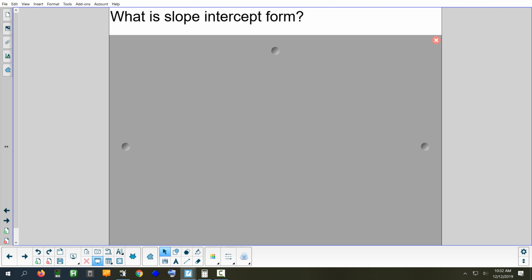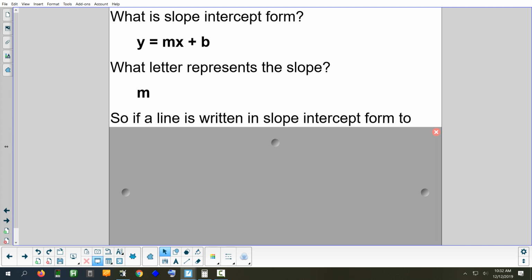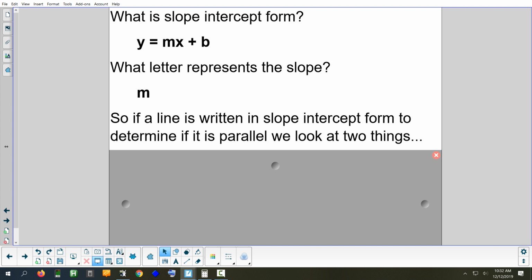Someone remind me, what is slope-intercept? Y equals mx plus b. Okay. What letter represents the slope? M. So, if you want to know, looking at the equation of a line, that something is parallel to something else, we already said it, I'm just saying it again, but you've already written it in your notes. You have to check that your lines have the same, what? Same slope.